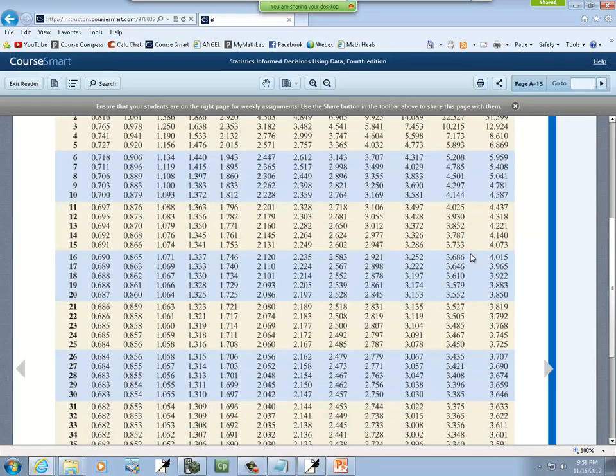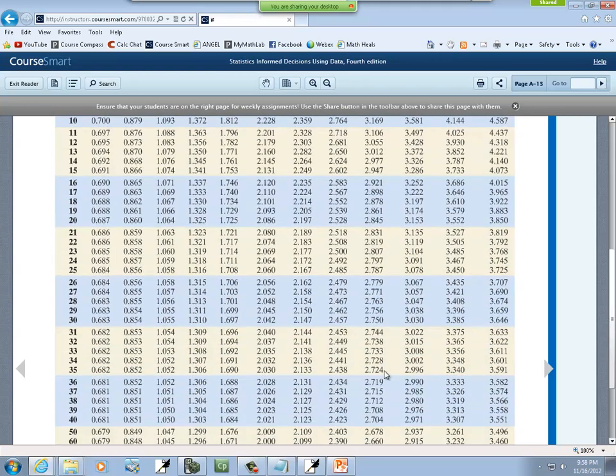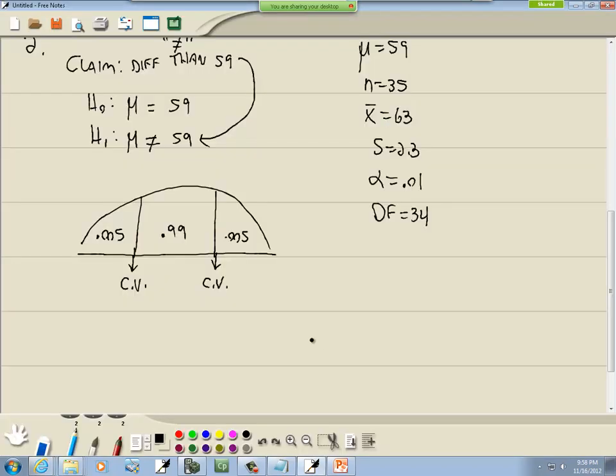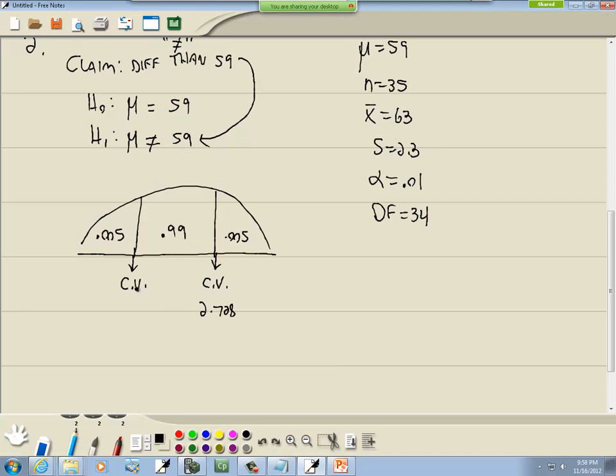Fourth from the right. 1, 2, 3, 4. Yeah, fourth one. And 34. 2.728. Let me double check that. Yeah. Now we've got two critical values here, so they're both going to be 2.728. Remember, with a t-distribution, if your critical value is on the left side, it's negative. If it's on the right side, it's positive.